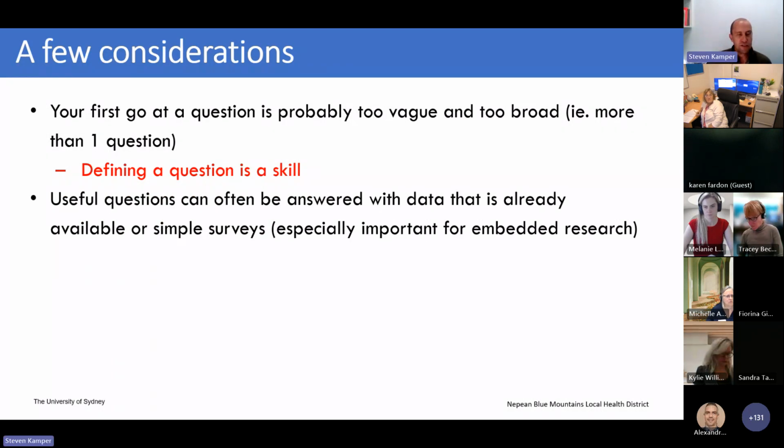This is something which is quite nice for clinicians to understand and know about. It's that useful questions can often be answered with data that's already available or with simple surveys. And as I said, this is especially important for embedded research. It's the foundation of a lot of the research support work that I do at Nepean in the district.